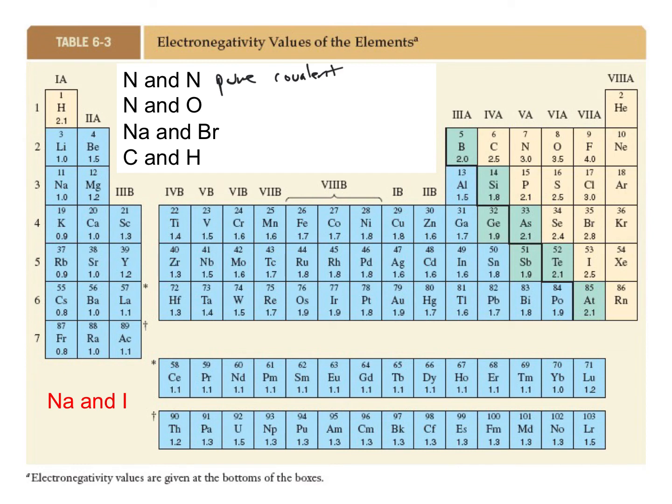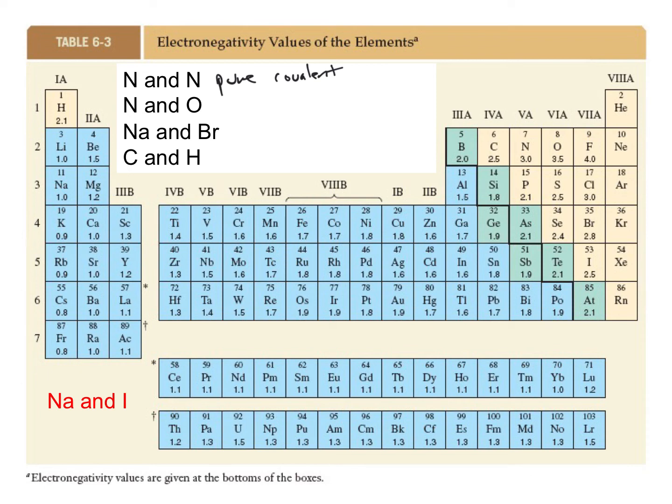Then we look at nitrogen and oxygen. Nitrogen has an electronegativity of 3, oxygen has an electronegativity of 3.5. So the difference in electronegativity is 0.5, and we set our cutoff: if it's about 0.4 or less, then we'd say it's pure covalent. If it's between 0.4 and 1.8, then we would categorize it as polar covalent.